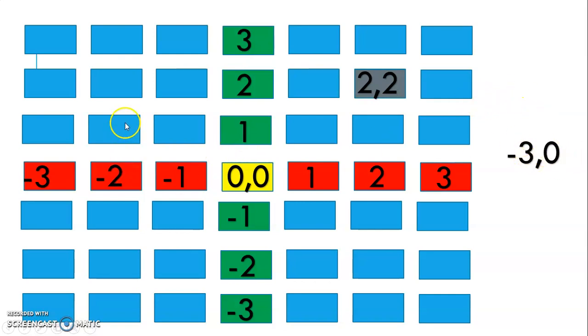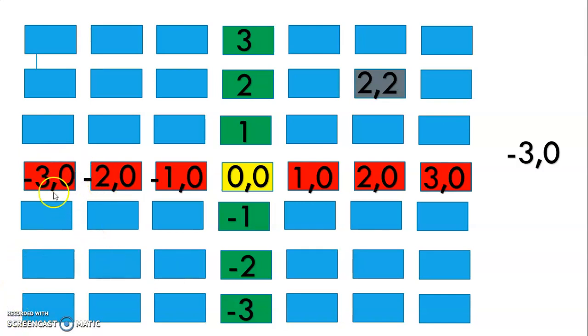That means the distance from the red line is 0, which means it is on the red line. So the house that we are looking for is this red house. So the house number of this red house is -3, 0.